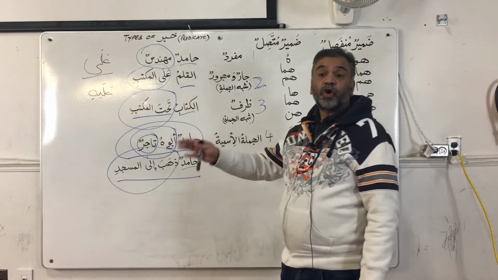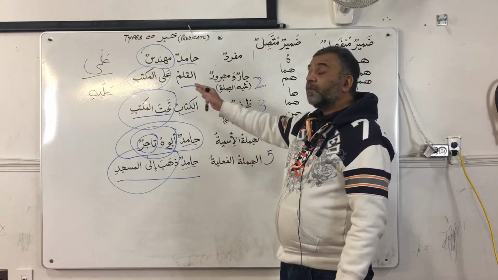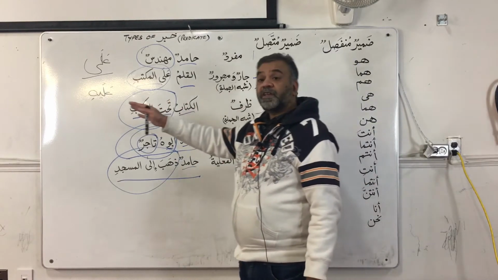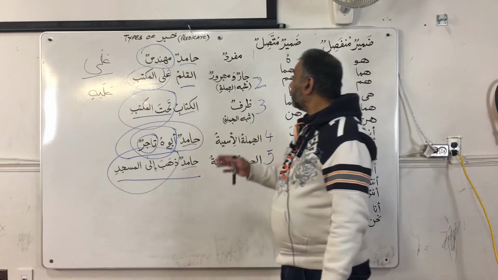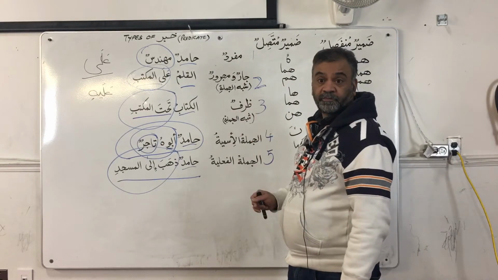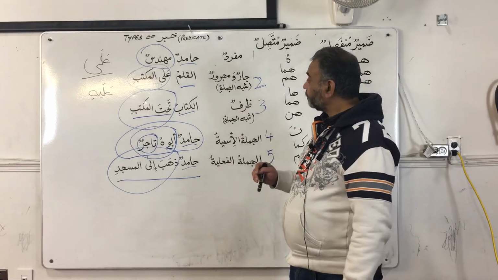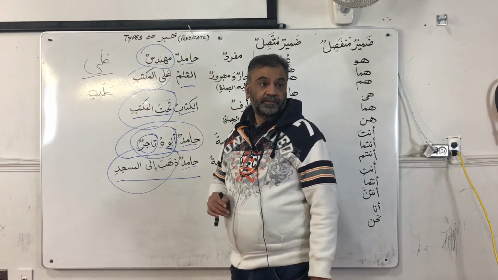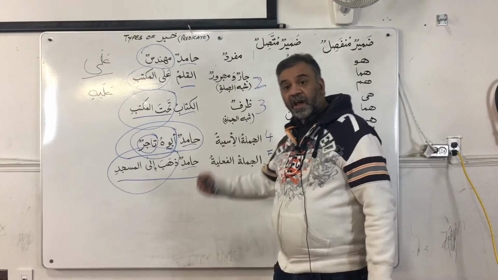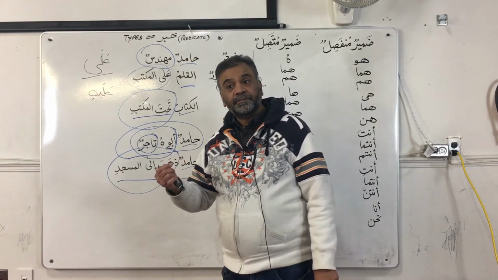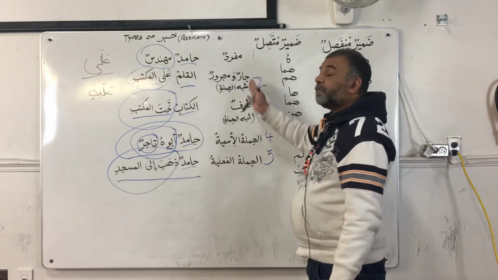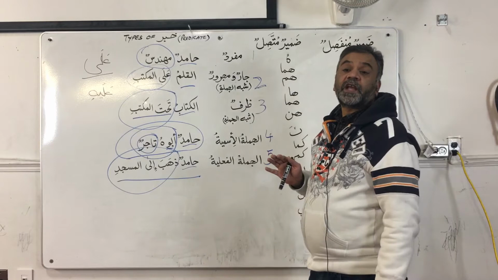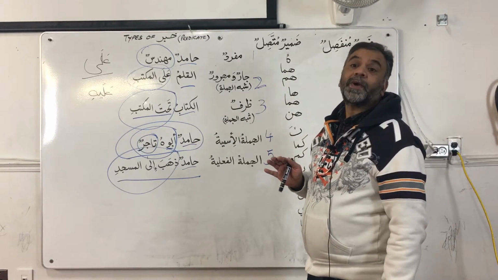The pen is on the desk. Al qalamu is your mubtada, alal maktabi is your khabar. The third one is zarf, again shibu jumla. Al kitabu tahtal maktabi. The book is under the desk.